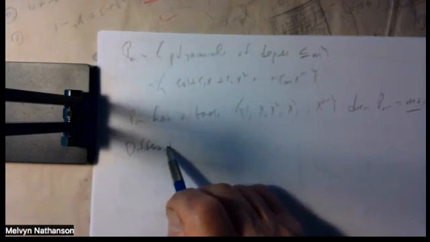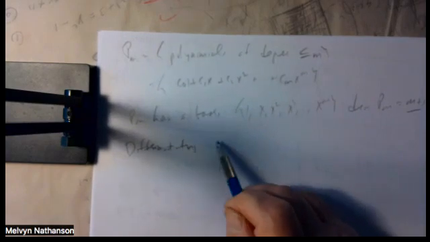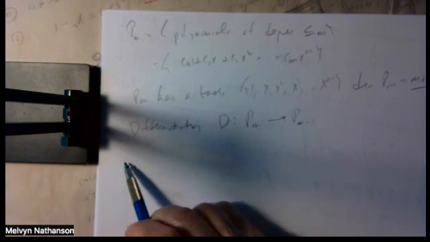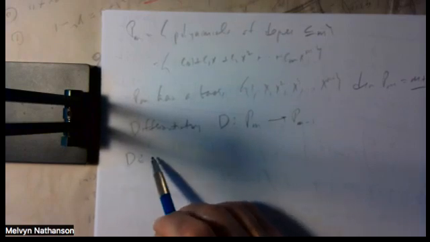And the differentiation operator, that you learn about in calculus, sends a polynomial of degree at most m to a polynomial of degree at most m minus 1. So in particular, I want to look at D as a linear map from polynomials of degree at most 3 to polynomials of degree at most 2. It's just differentiation, right?